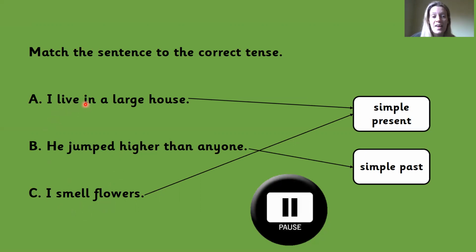Again, it didn't have that S on the end, but that live is in the present. It's not lived. It doesn't have the D on the end to make it the past tense. The same with the smell. I could have a smelled flowers, but it's not. So that's in the present.